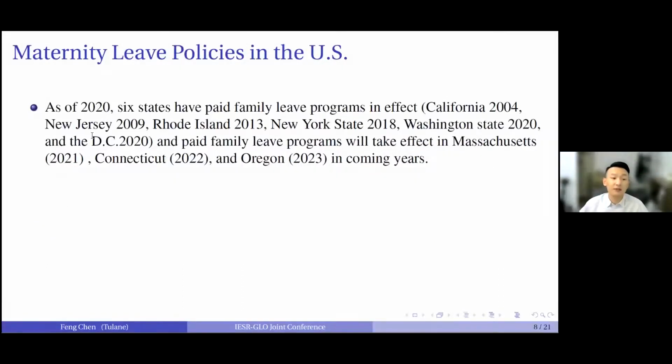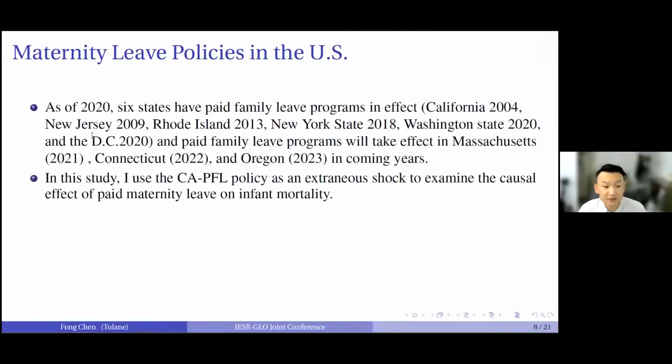As of the year 2020, 6 states have paid family leave programs in effect: California, New Jersey, Rhode Island, New York State, Washington State, and the District of Columbia. And some other states announced similar programs will be effective in coming years.